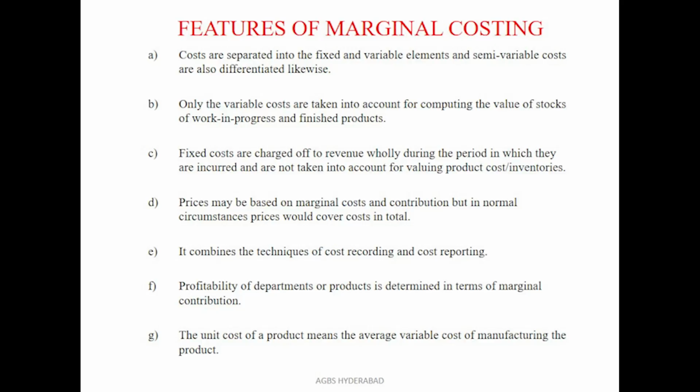The unit cost of a product means the average variable cost of manufacturing the product, and the profitability of departments or products is determined in terms of marginal contribution. That is, the expenses incurred to produce the product wholly are marginal cost, which is nothing but a variable cost.